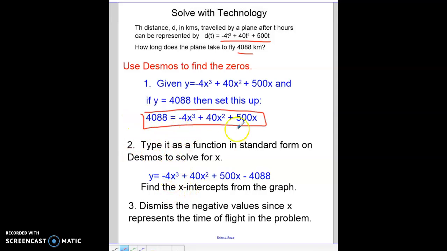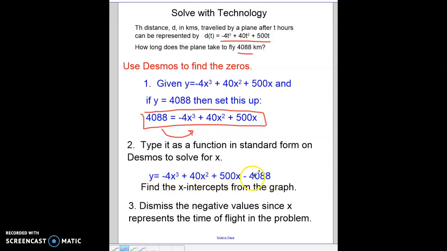However, if you type this function into Desmos, but notice how I wrote it out. I carry the 4088 over to the other side, and then I write the function y equals negative 4x cubed plus 40x squared plus 500x minus 488.